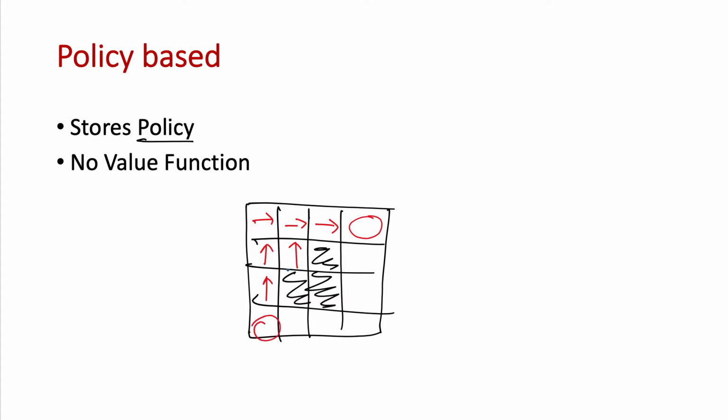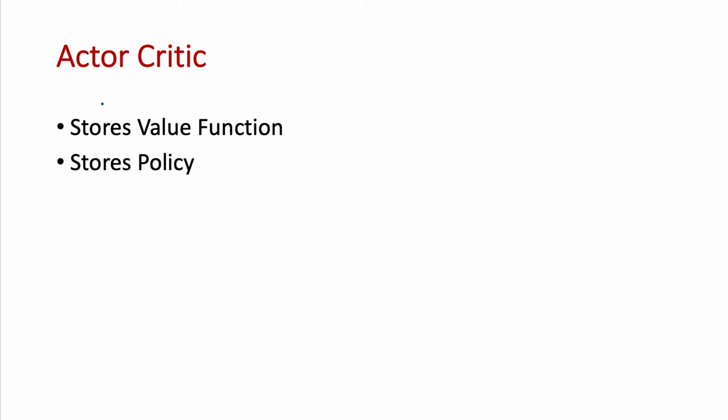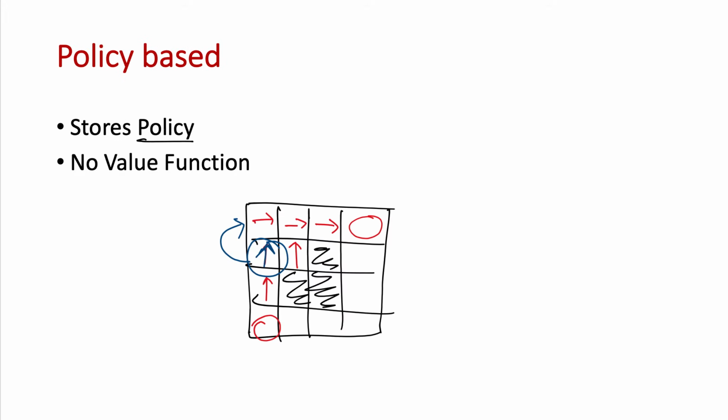So if the RL agent is in this state, it knows that the policy says go up, so it will go up to the next state. So it did not use the value function for making its decision, it used the policy defined by the RL agent or the algorithm. Next is the actor critic, which stores the value function as well as the policy. So it kind of takes the advantage of both of these types of agents.